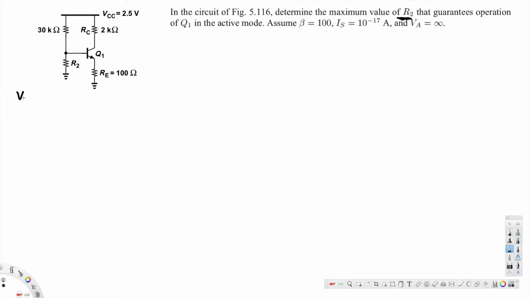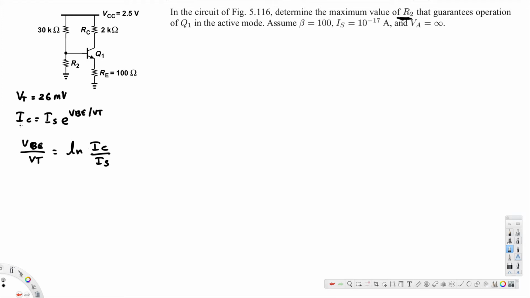First of all, we have to know Vt value is a constant, that is 26 millivolts, and IC can be calculated using this formula: IS times e power VBE divided by Vt. Therefore, VBE divided by Vt is equal to, if you take ln both sides, ln of IC over IS.